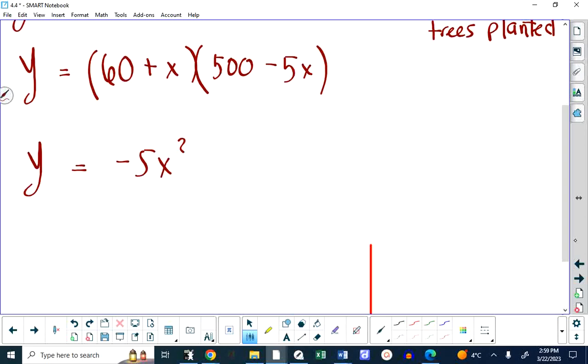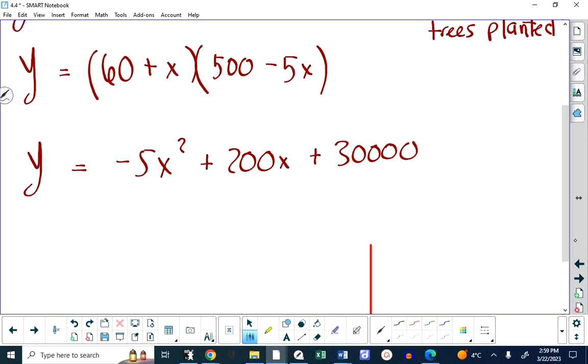I'm going to have plus 200x. Can anybody confirm that the outer and inner will give me a total of 200x? Good. And my constant term will be 60 times 500, which is 30,000. I didn't carry as many decimals last time as I should. Sorry, I almost said now we have to complete the square, because we just finished that in the previous example.